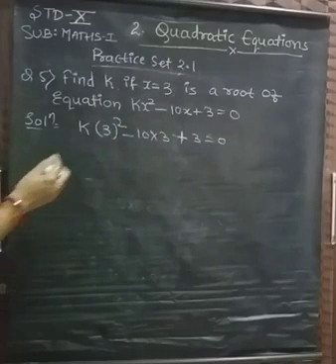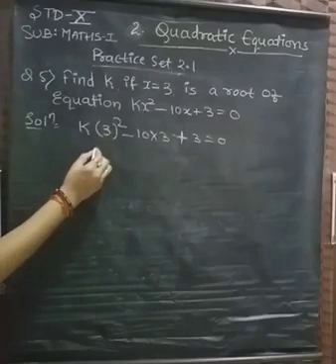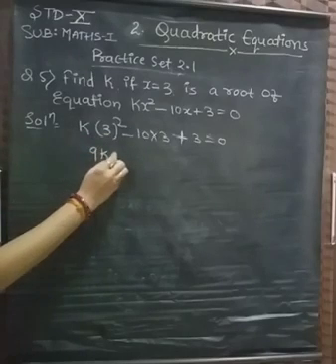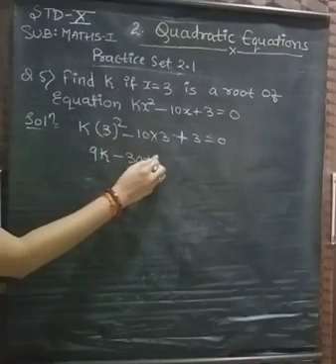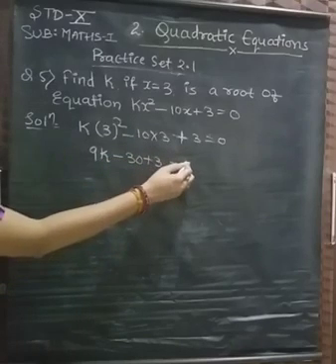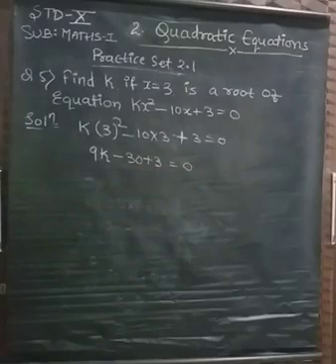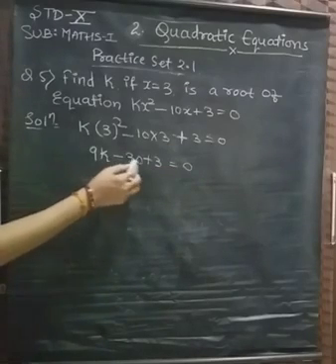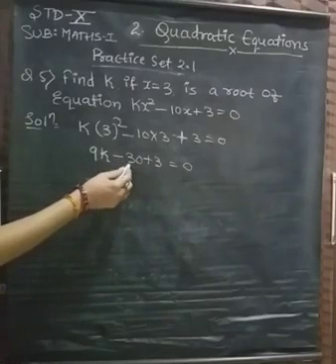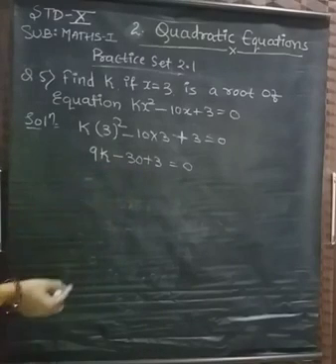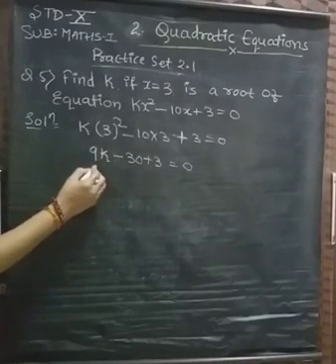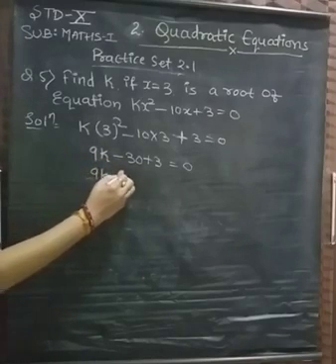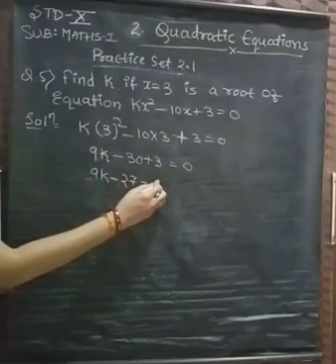Then 3 square is 9, so you get 9k minus 10 into 3, which is 30, plus 3 equals 0. Plus minus minus, plus minus minus, right? 30 minus 3 is 27, with the sign of the bigger number. So you will get 9k minus 27 equals 0.